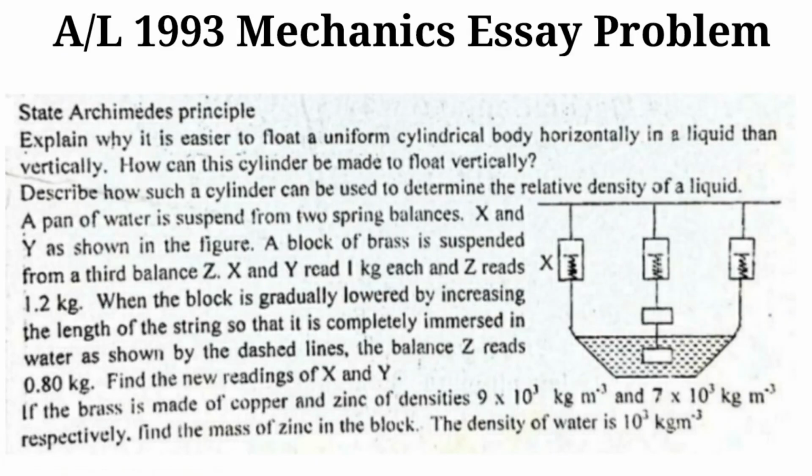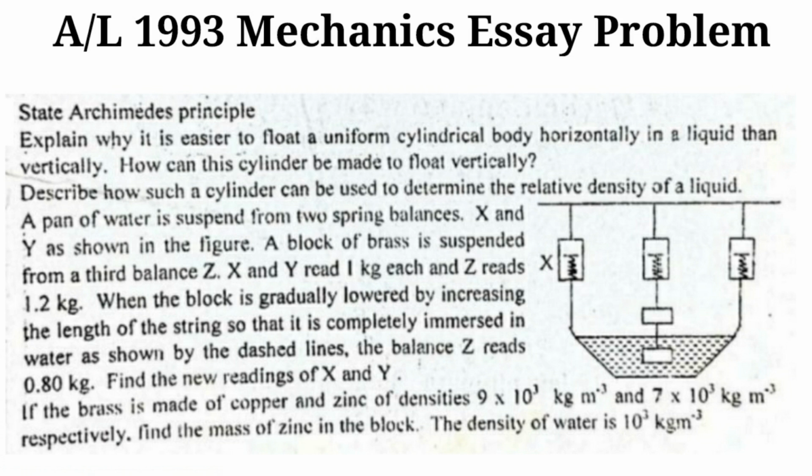Then next part. A pan of water is suspended from two spring balances X and Y. As shown in the figure, a block of brass is suspended from a third balance Z. Z should be the middle one. X and Y read 1 kilogram each and Z reads 1.2 kilograms.